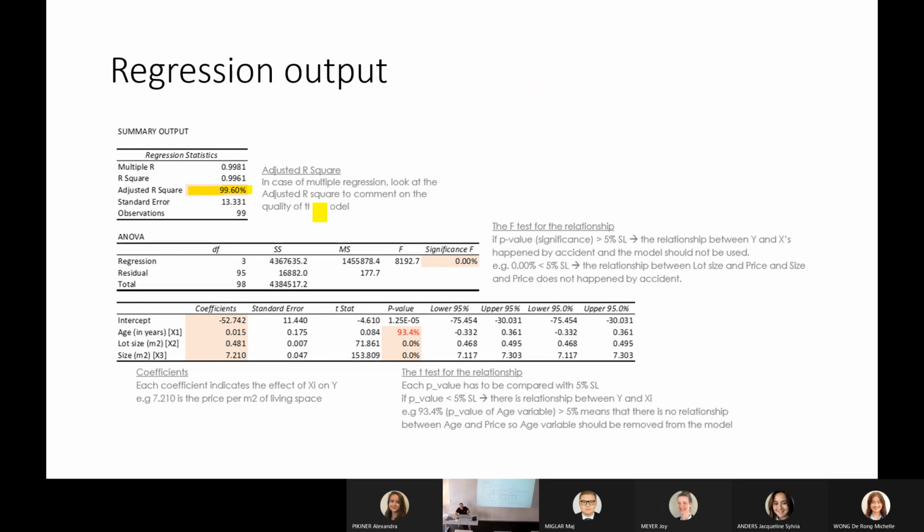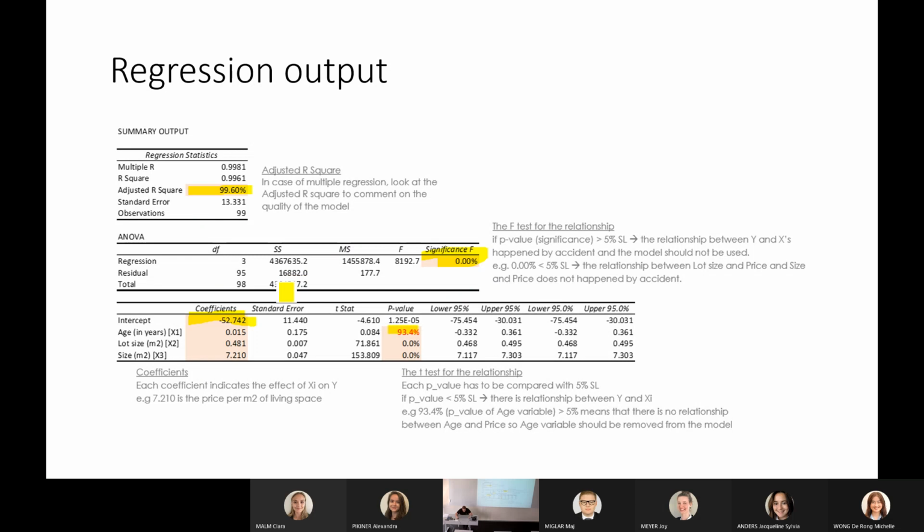If it's close to 100, the quality of the model is good. We'll also look at the significance F, just to remember, if this value is lower than 5%, there is a relationship between X and Y, right? There is a relationship.